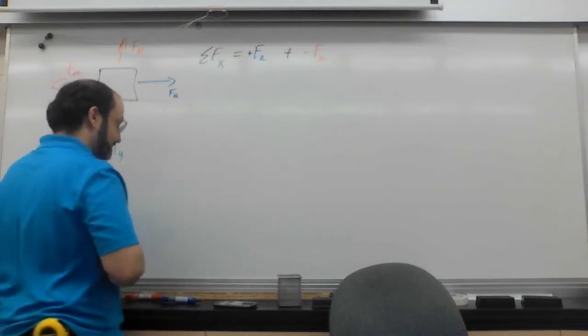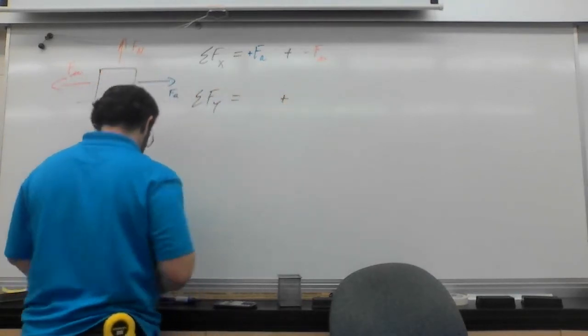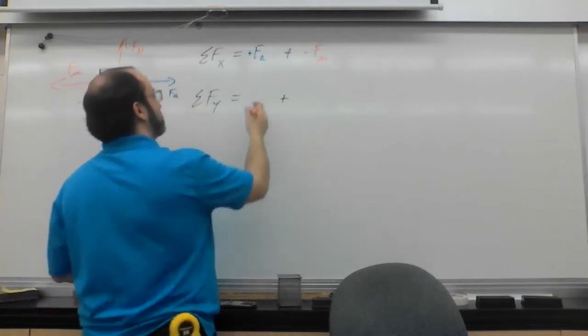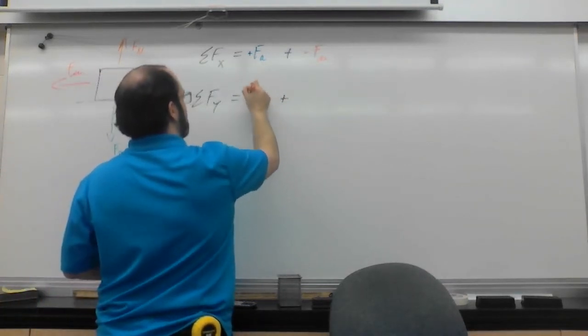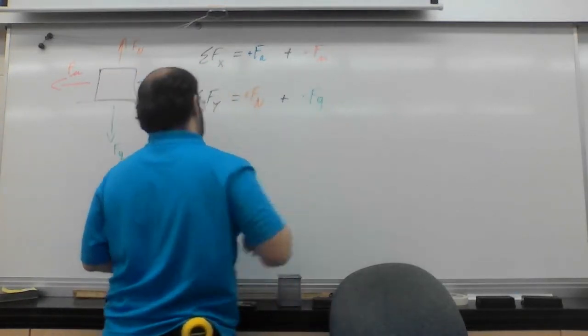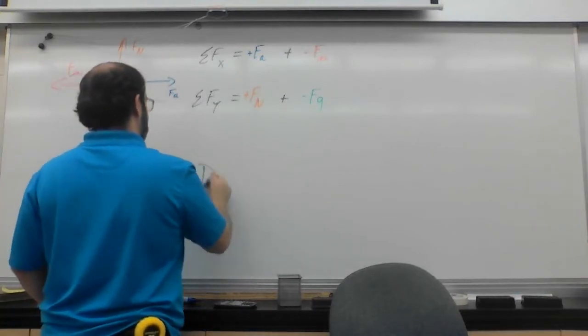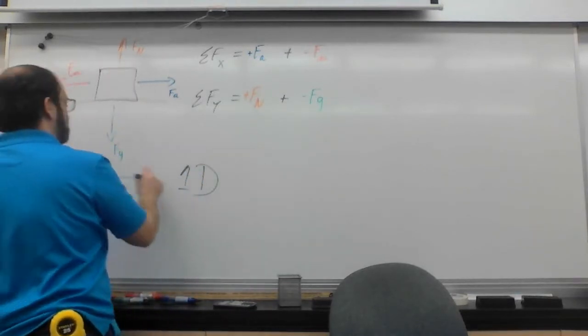And I could do exactly the same thing for the sum of forces in the y. I add them together, and I just simply have different colors because I'm talking about different forces. So it's Fn, which is up, and Fg, which is down. So this is everything that we were doing with 1D.